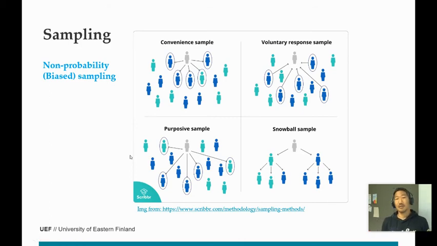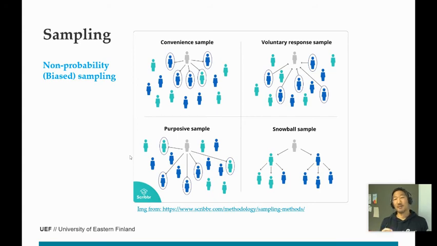The third type of non-probability sampling is the purposive sampling method, and it's usually used for qualitative research with a specific purpose. With the same topic, you have interest in the international student experience at the UEF, but not all international students; you're interested in students who are from East Asia, female, with Christian backgrounds, like that.